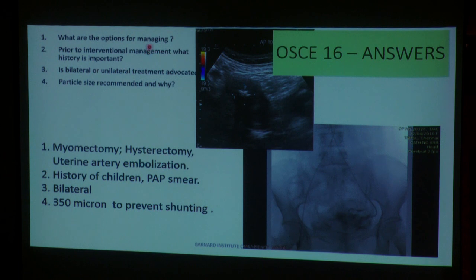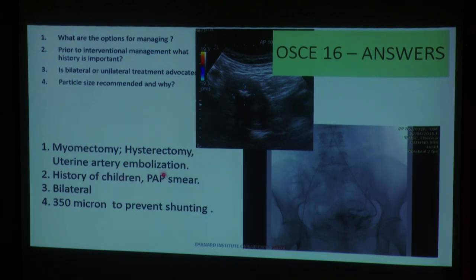So the options for managing this patient are myomectomy, hysterectomy, or uterine artery embolization. Before you go in for a uterine artery embolization, because the particles can also occlude the ovarian artery and the patient can become infertile post procedure, we have to ask whether she has had children and is her family complete. If she's planning to have children, then this procedure is not recommended.